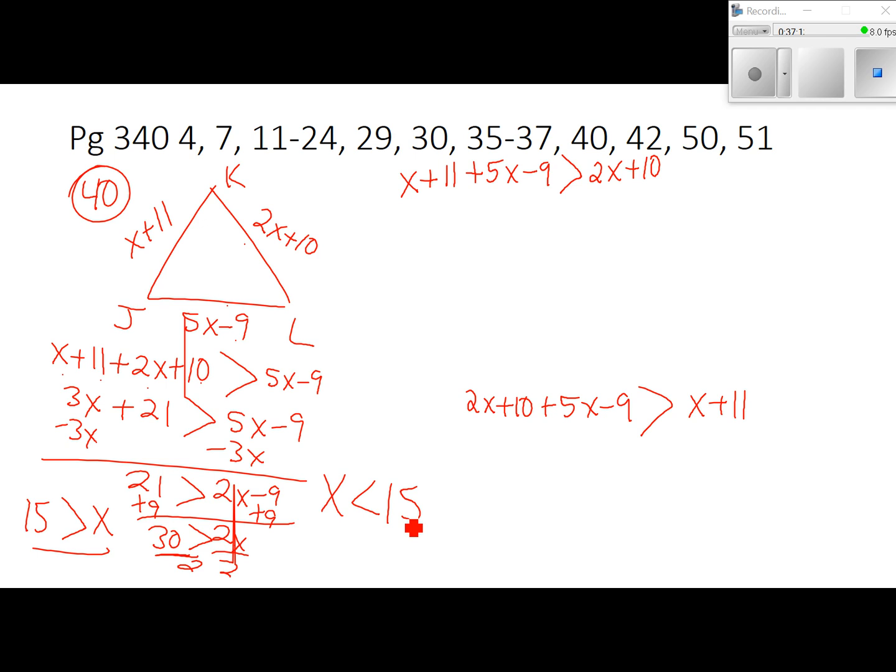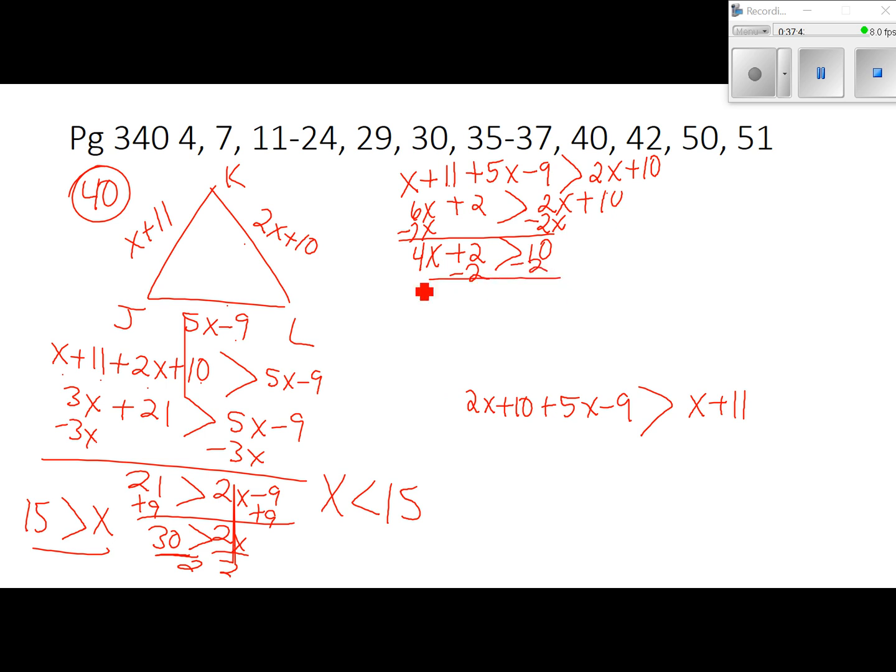We come over here, we do the next one. We get 6x combining like terms. 11 and negative 9 give us plus 2 is greater than 2x plus 10. Subtract 2x on both sides. You end up with 4x plus 2 is greater than 10.